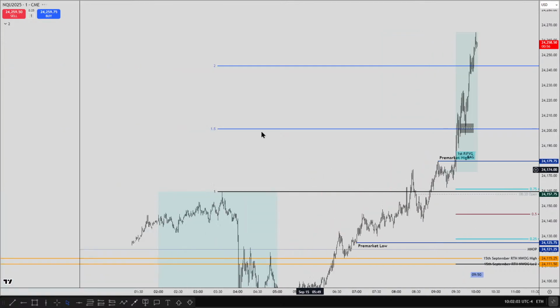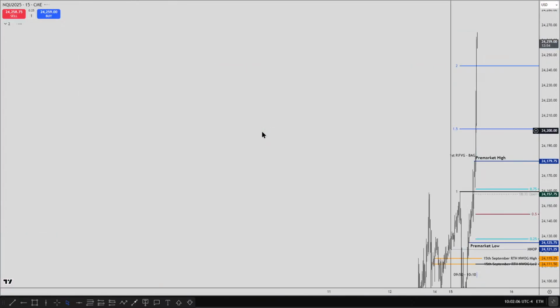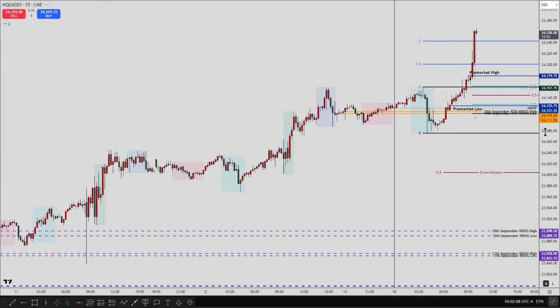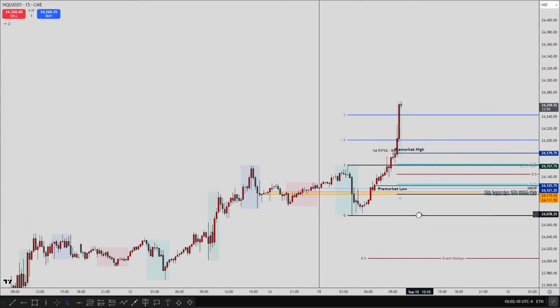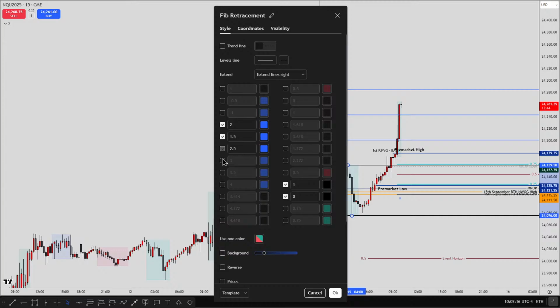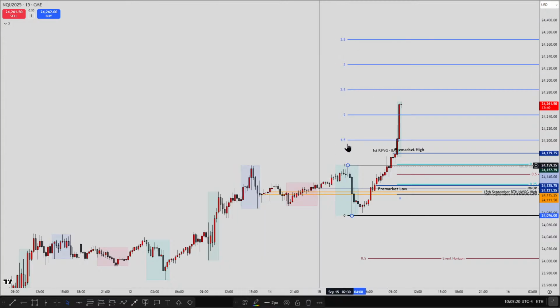Notice with the fulcrum projections, every time we trade above a standard deviation, and I don't have any more, am I going to start just adding more and more and more? No, because then you could just keep adding them infinitely and say, oh, it's because of the fulcrum, it's because of the fulcrum. And you're just putting random lines on your chart at that point.